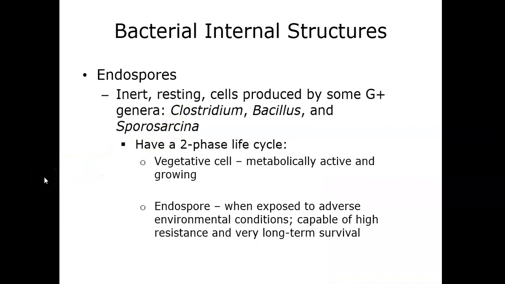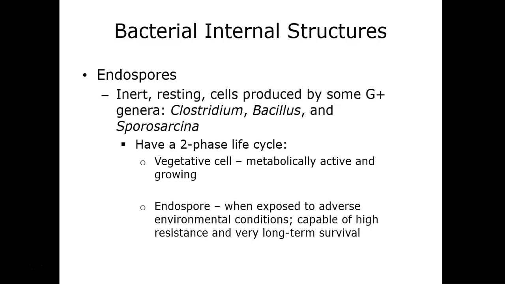And then we also talked about endospores. And endospores are these structures that are produced when bacteria are exposed to stress conditions in the environment. And there are 3 gram-positive genera of bacteria that can form these.